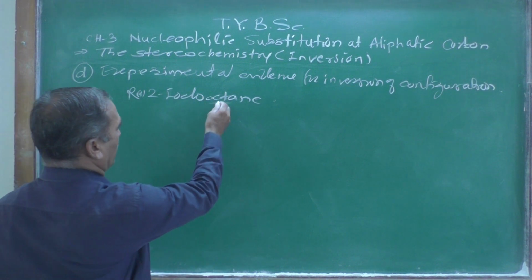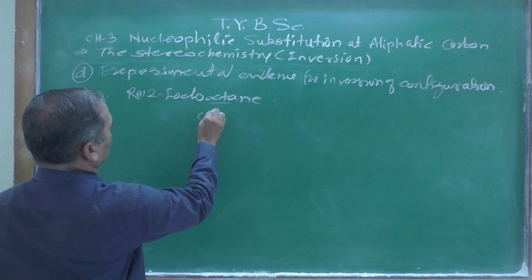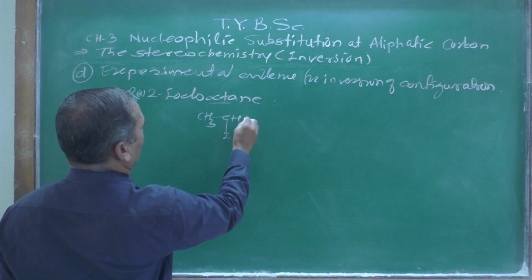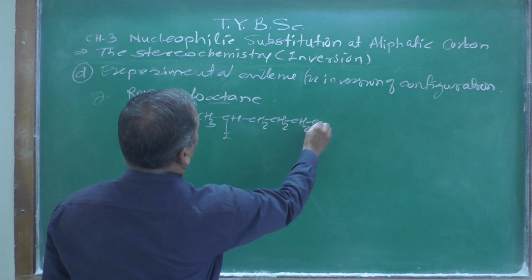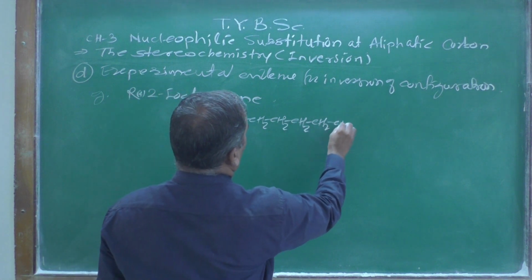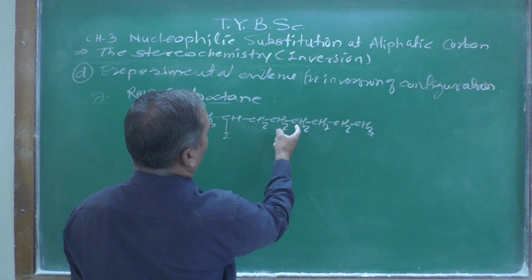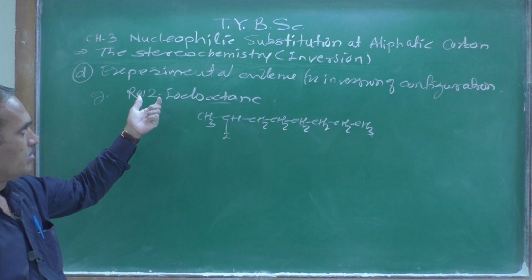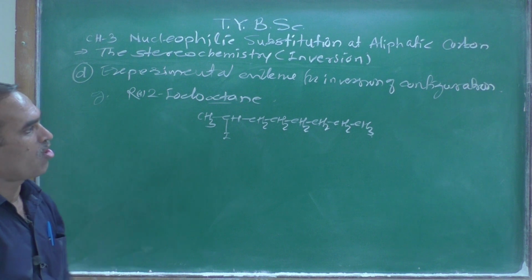So octane means CH3, CH with the iodine group, and the rest CH2, CH2, CH2, CH2: 1, 2, 3, 4, 5, 6, 7, and 8. The name of this compound is 2-iodooctane.